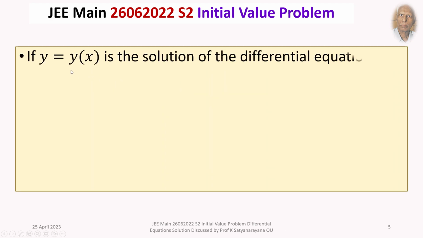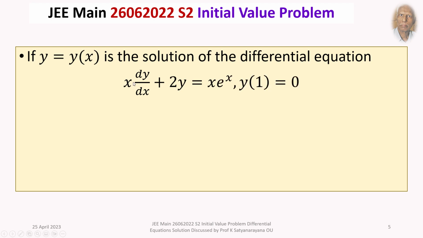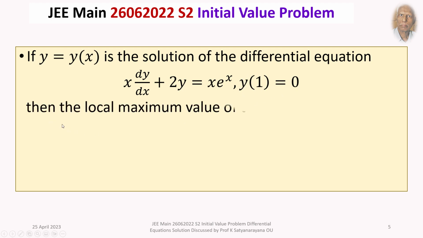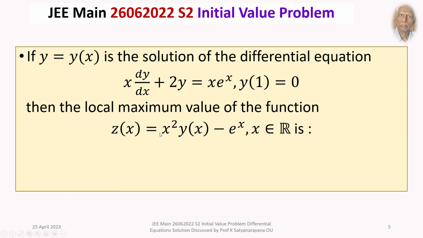The given question is: if y is equal to y of x is the solution of the differential equation x dy by dx plus 2y is equal to x e power x with the given condition y at 1 is equal to 0, then the local maximum value of the function z of x is equal to x square into y of x minus e power x, where x belongs to the set of real numbers, is.